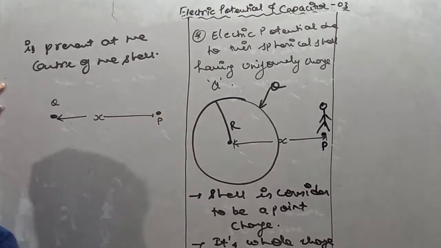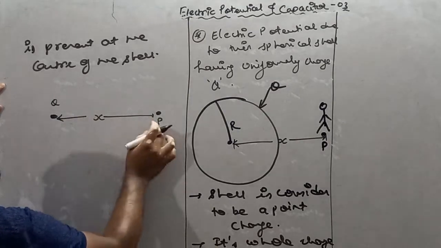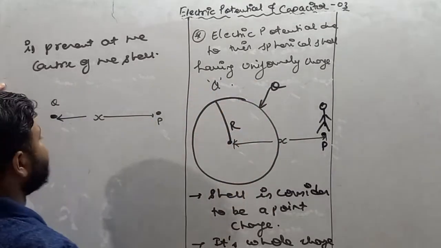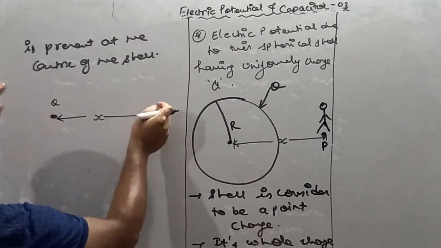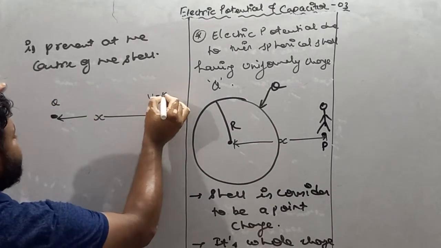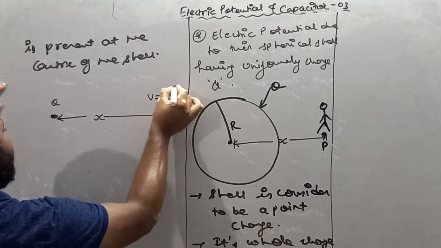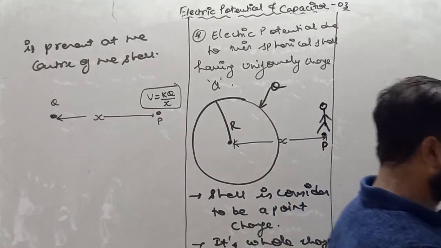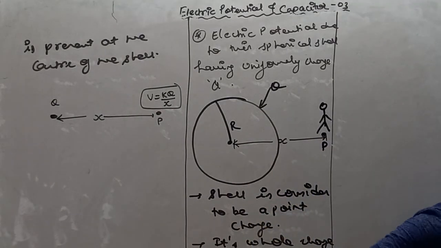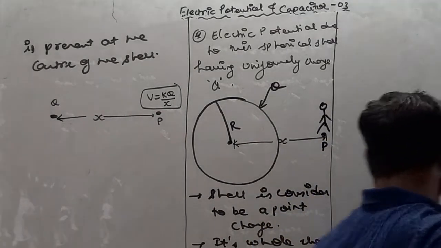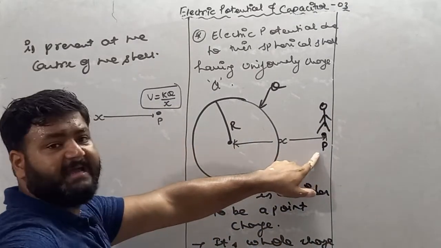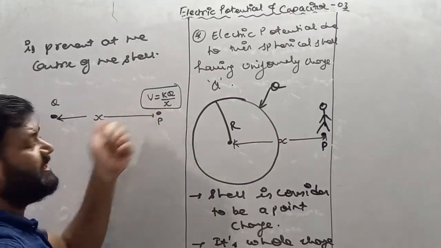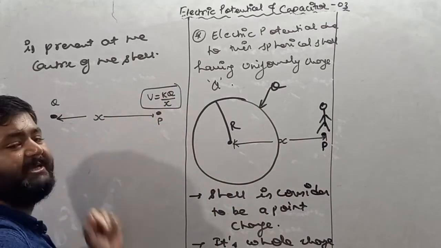Due to a point charge, we know that electric potential is kq by r. Here the distance is x, so potential at point P becomes kq by x. Point P lies outside the shell.